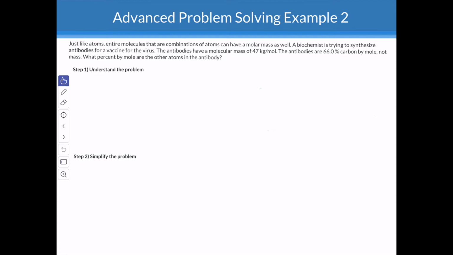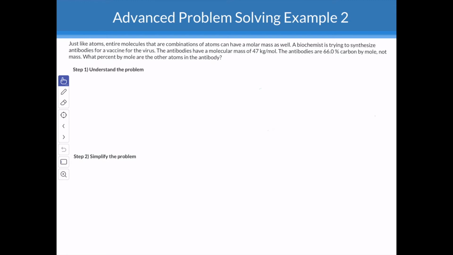So let's read it. Just like atoms, entire molecules that are combinations of atoms can have a molar mass as well. So a biochemist is trying to synthesize antibodies for a vaccine for the virus. I meant to say the coronavirus.